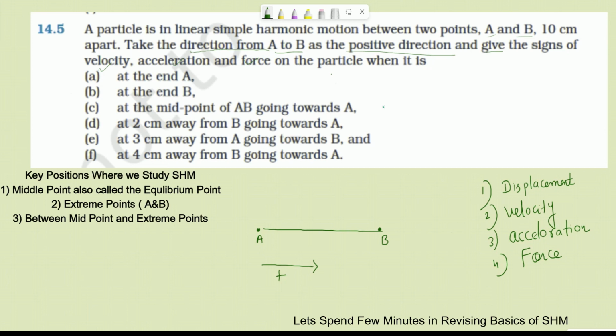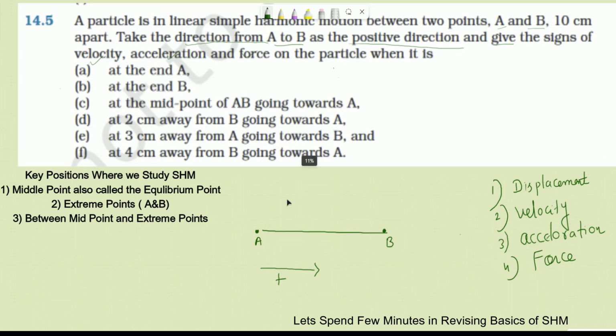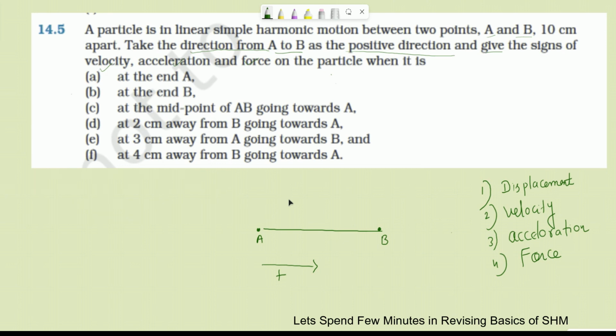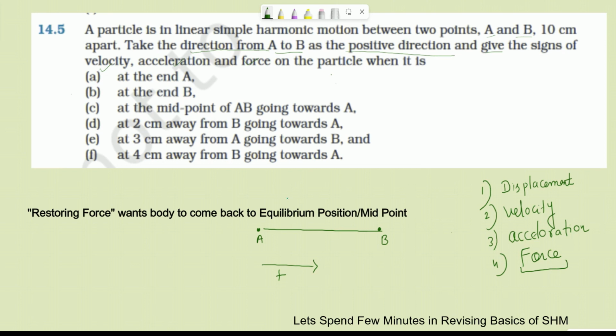Now let me just tell you what happens in the case of simple harmonic motion. If a body is in SHM, it is in SHM because of something called a restoring force. So the force being referred to is basically the restoring force. You must remember the word restoring force. What is the role of the restoring force?